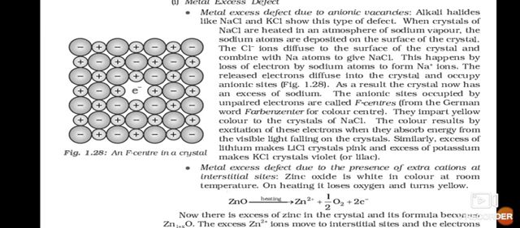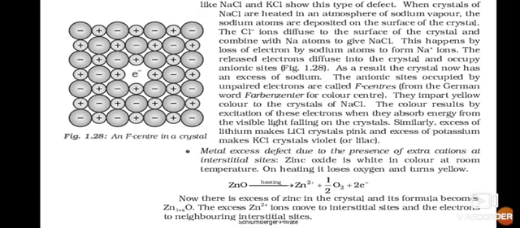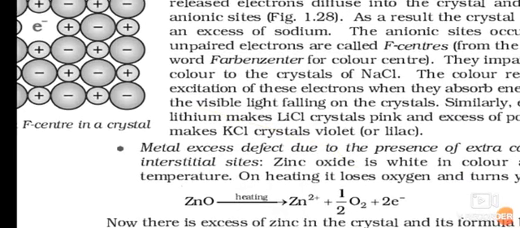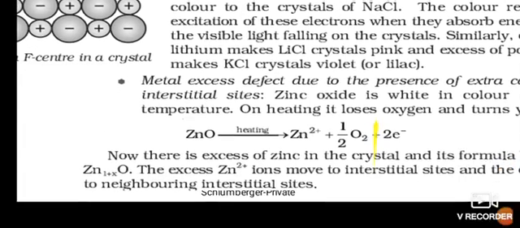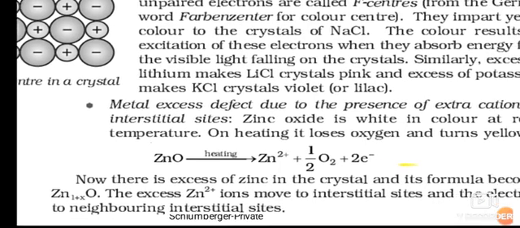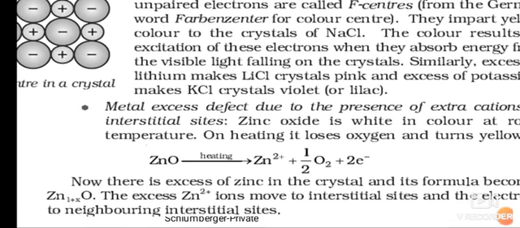The second category under metal excess defect is due to the presence of extra cations. It is explained with the example of zinc oxide. When we heat zinc oxide, it converts to Zn2+ plus half O2 plus 2 electrons. The oxygen goes outside, and the charge is maintained by the presence of two free electrons, so electrical neutrality is maintained here also.